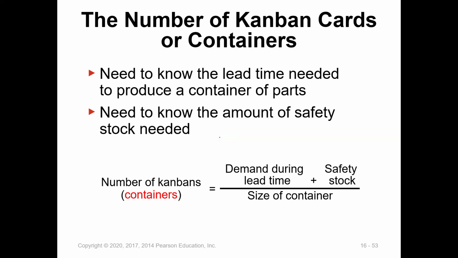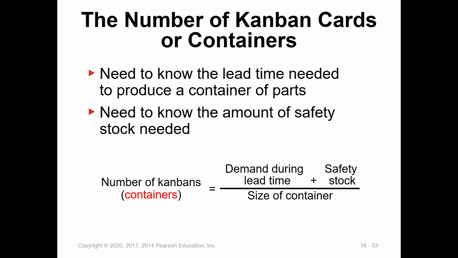So the number of Kanbans, or Kanban cards or containers. You need to know the lead time to produce a container of parts. You need to know the amount of safety stock needed.